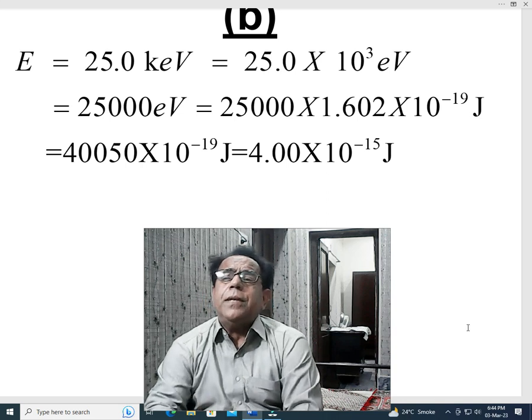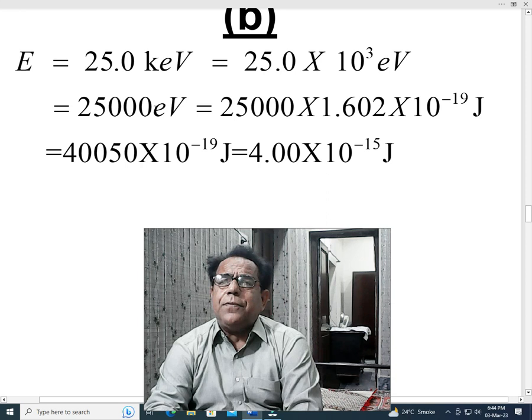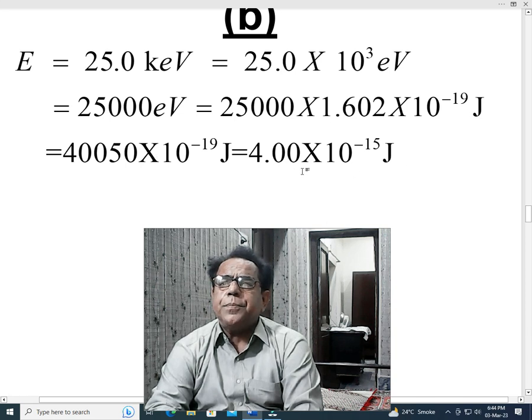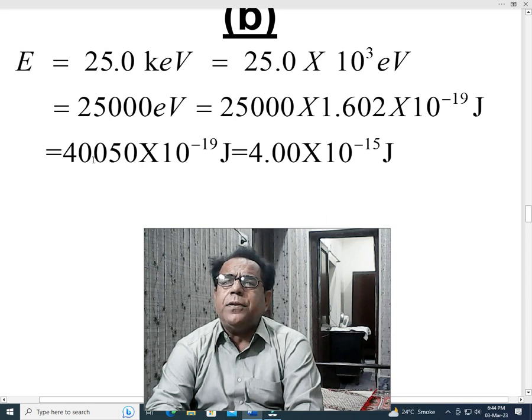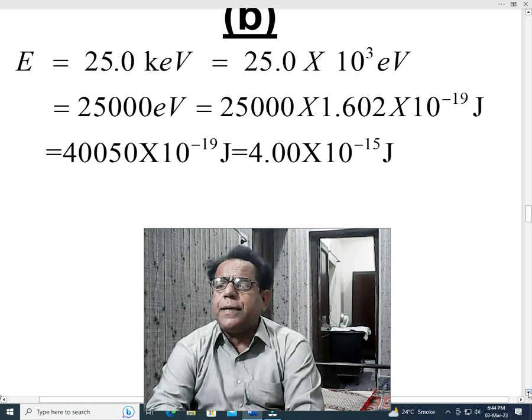Here we use the conversion factor, that 1 electron volt is equal to this, in order to convert it into joule, and we get this value in joule. Because we have converted 40.015 to 4.0, the power of 10^-19 is reduced to 10^-15 joule.